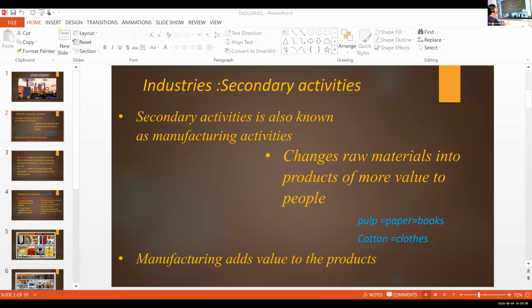We learned the meaning of raw material in the lesson on agriculture. Yes, very good, Benedict. Raw material is a basic product from which the actual product is made. For example, cotton is a raw material from which cotton clothes are made. Tree pulp is a raw material from which papers and books are made. So manufacturing activities change raw material into products.